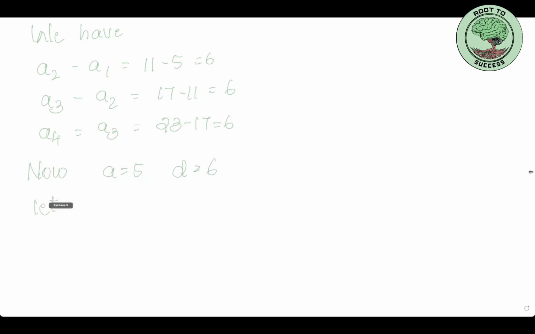Let's assume 301 is a term in the given list. Let's say the nth term in an AP. We know the formula to find the nth term, that is an will be a plus n minus 1 d.